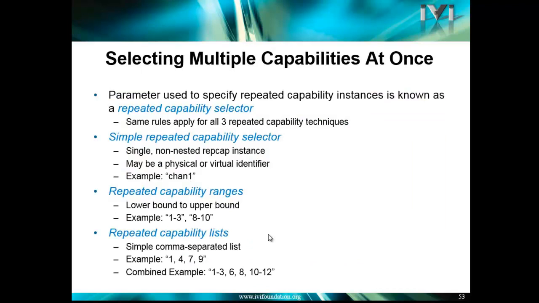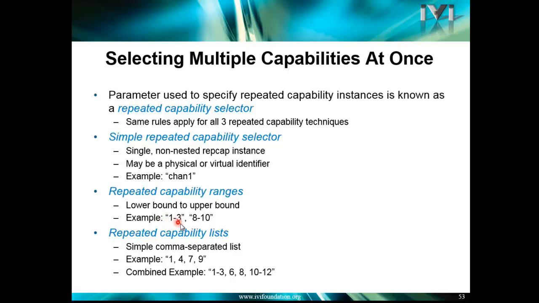So there was an example earlier of selecting multiple repeated capabilities at once. We talked about selecting 3 different traces at the same time. Just going into more detail on how that looks. In general, that can be done by specifying either a comma separated list, which is what we saw initially, or you can specify a range.